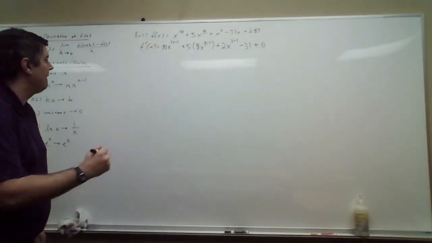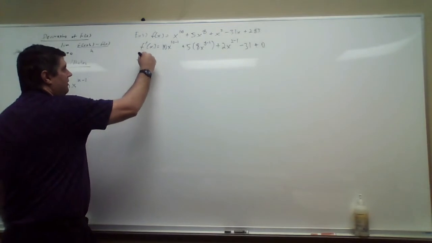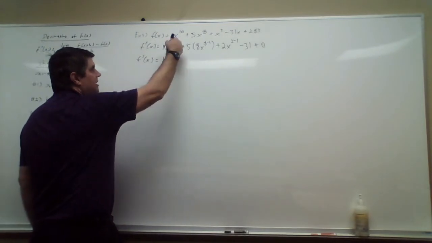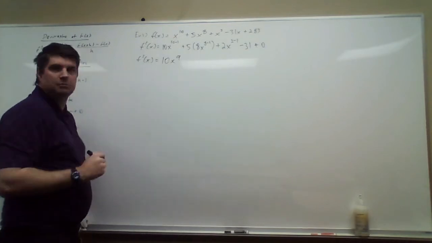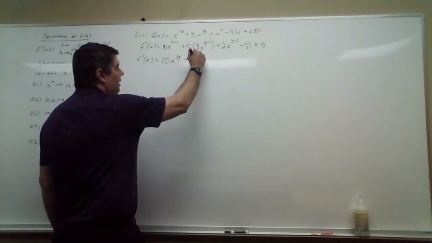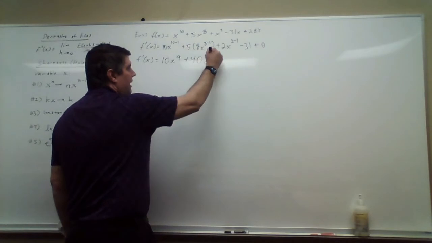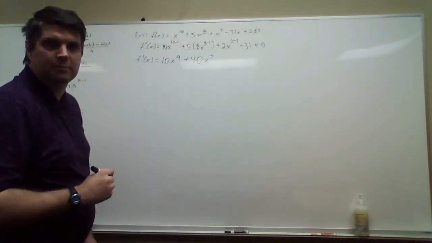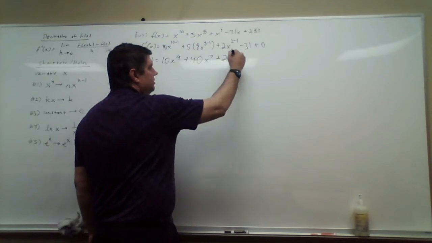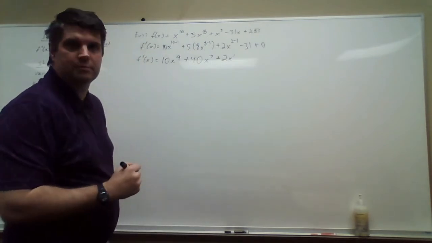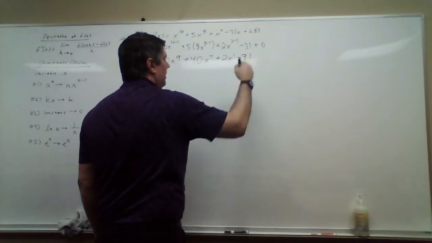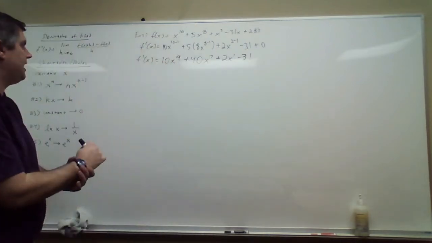Okay? So f prime of x, simplified, will be 10x to the 9th. 5 times 8 is 40. You will go down a power to 7. This is going to be 2x to the 1st minus 31. Plus 0 doesn't factor into this anymore.